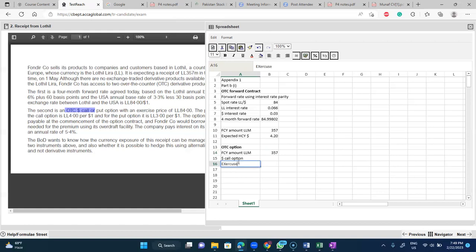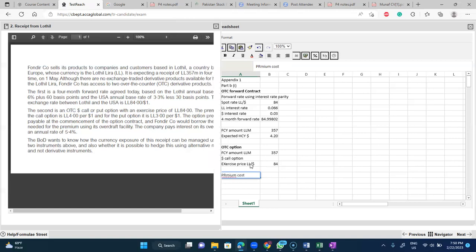Exercise price is 84. Okay. Now there will be no number of contracts. And let's calculate the premium cost. Okay, premium is 4 LL per dollar.